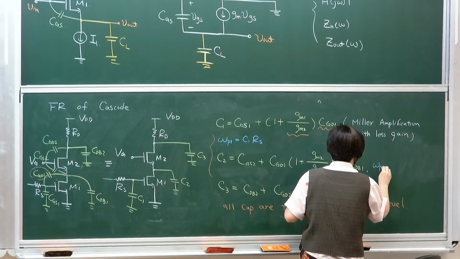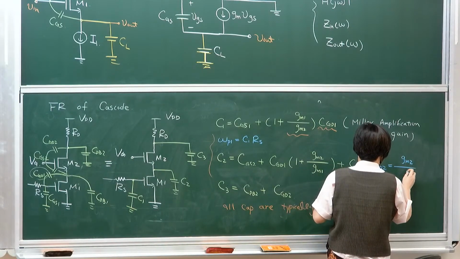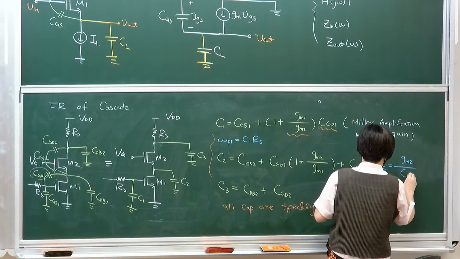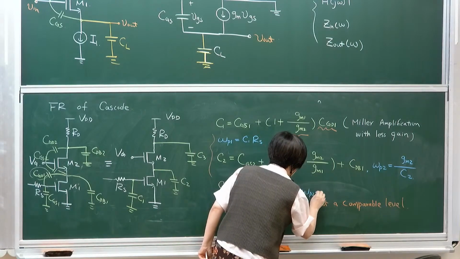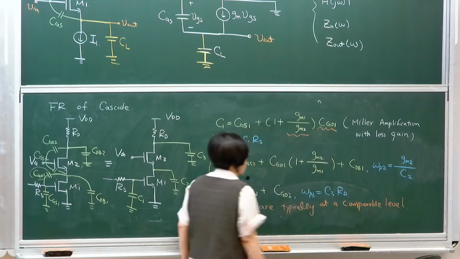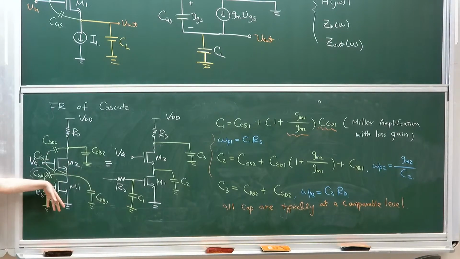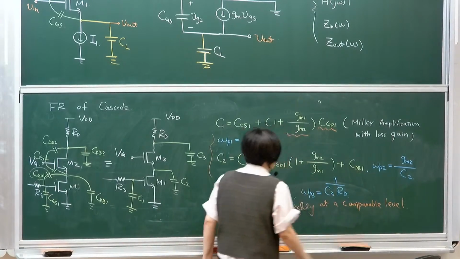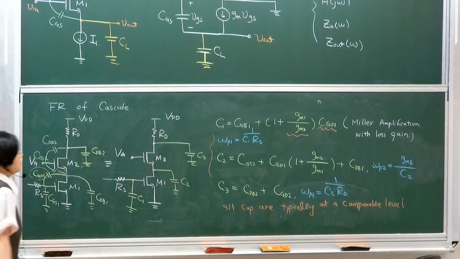So this would introduce an omega P2, gm2 over C2. And the last one, omega P3, is determined by C3 and RD, the output resistance. Okay? Because the output resistance from the bottom is very high, you only see the loading resistance. And this is the same.